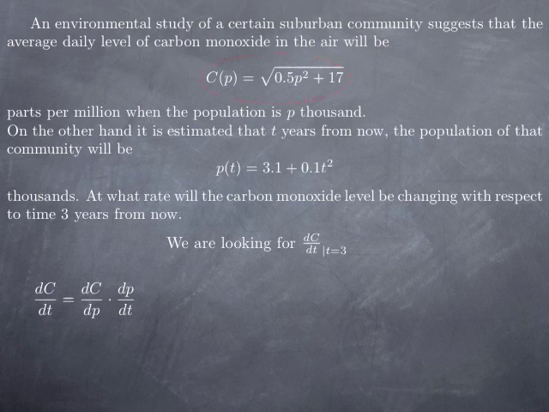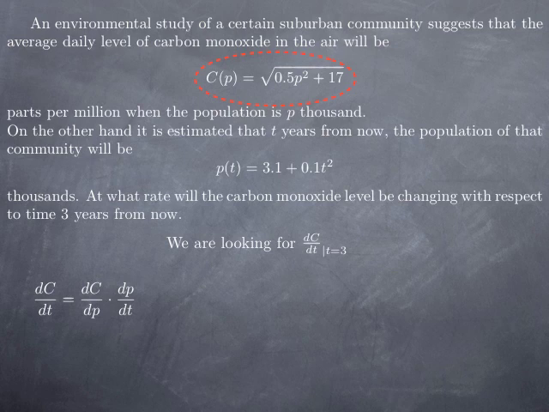So in our case, if I differentiate C with respect to the population p, as a function of p, C is itself a composite function. We have the function 0.5 p squared plus 17 that is plugged inside the square root function.